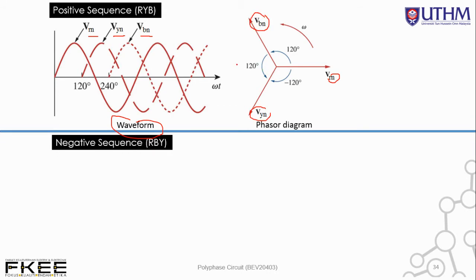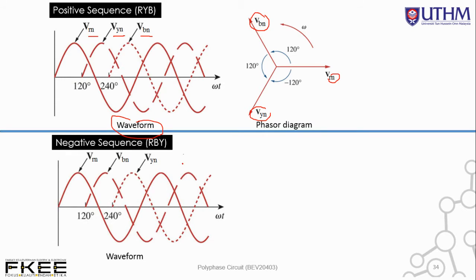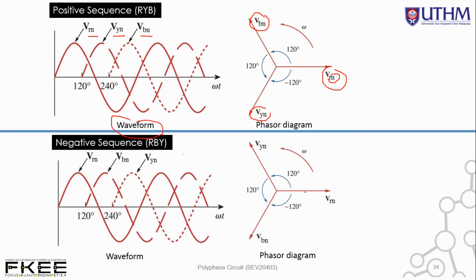And then for negative sequence, R is still the same. We maintain the position of R, which becomes the reference over here.